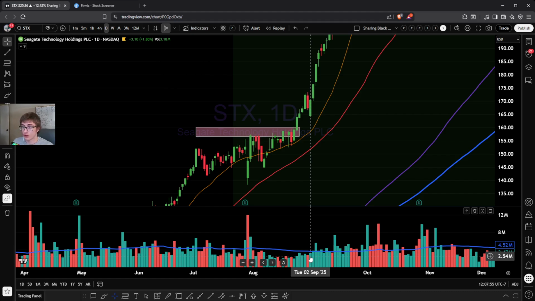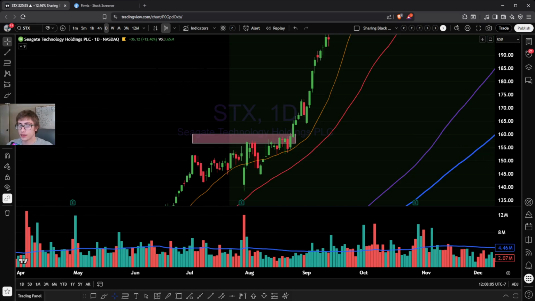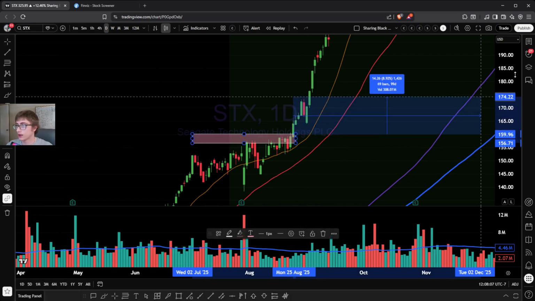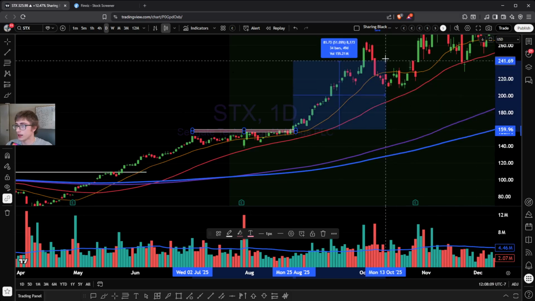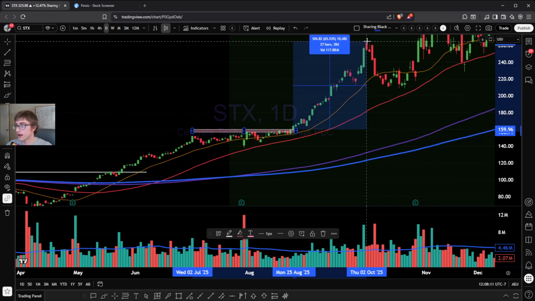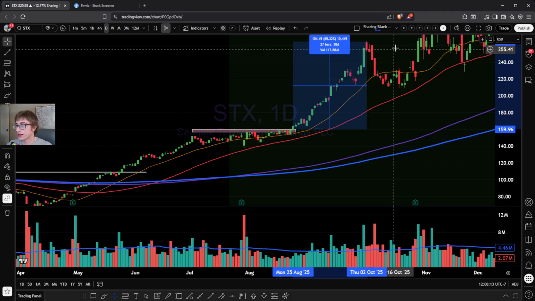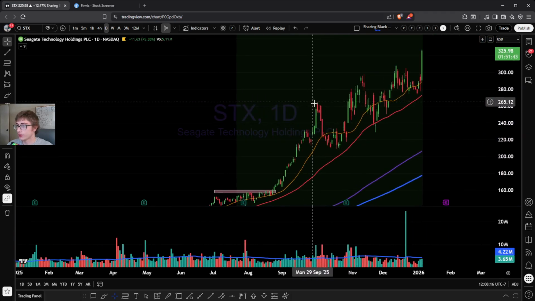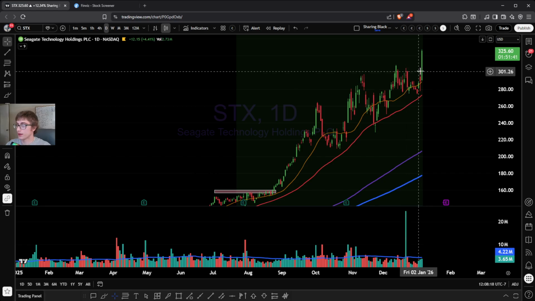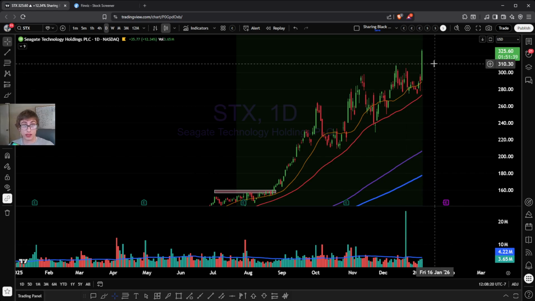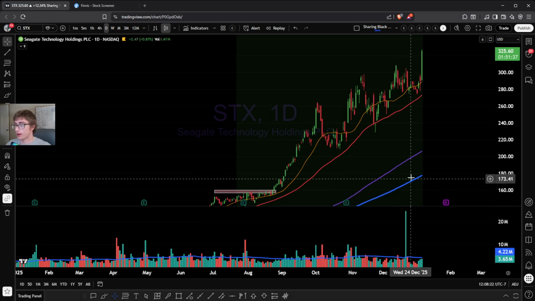If there's low supply, it makes everything much easier, much more explosive. As you can see here, I'll quickly show how much this stock moved. This stock moved 65% in 38 days, and then proceeded to make another base up here and has broken out today, which is pretty fun.